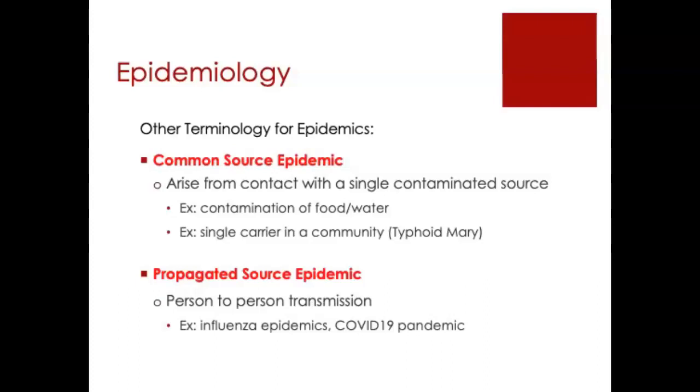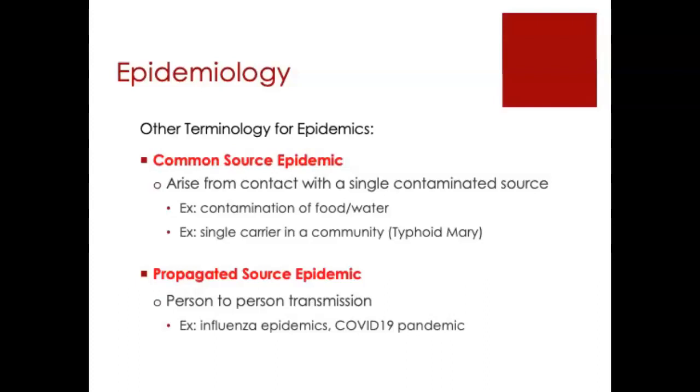Sometimes the common source for an epidemic is actually a person. People can be carriers of certain infectious diseases. A carrier is simply someone who carries the pathogen in their body but doesn't get sick from it themselves. A famous historical example of this is Typhoid Mary.